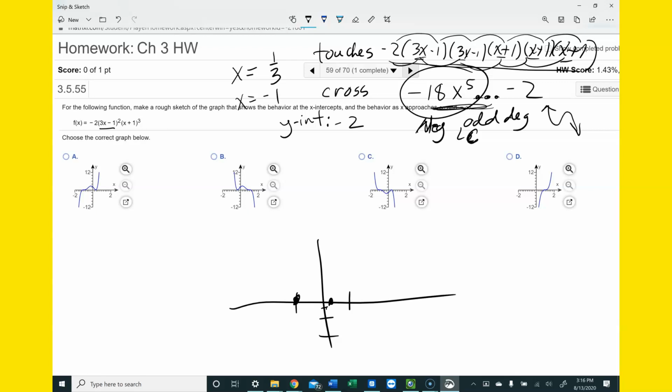Alright, don't worry about that dash right there, okay? So there's my y-intercept. So that means I'm going to come up here and touch at 1/3 and go down there and cross the y at negative 2, then come back up here. Something like that. Now, which graph looks something like that?